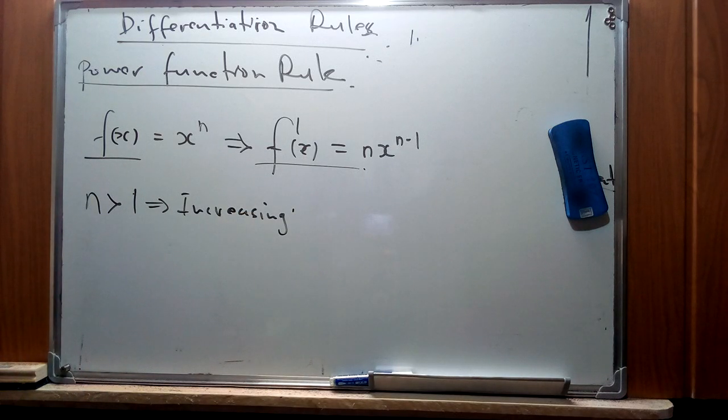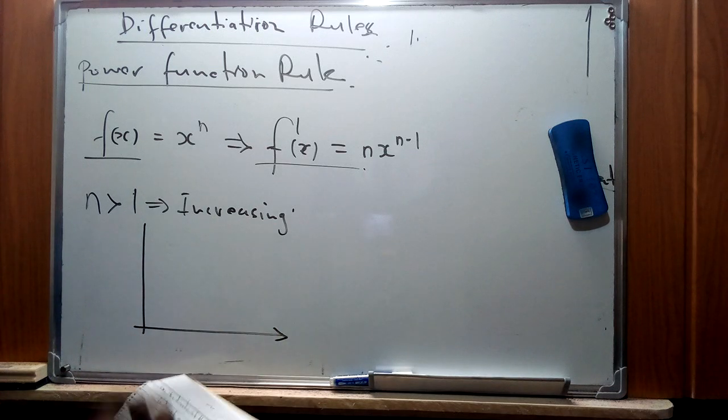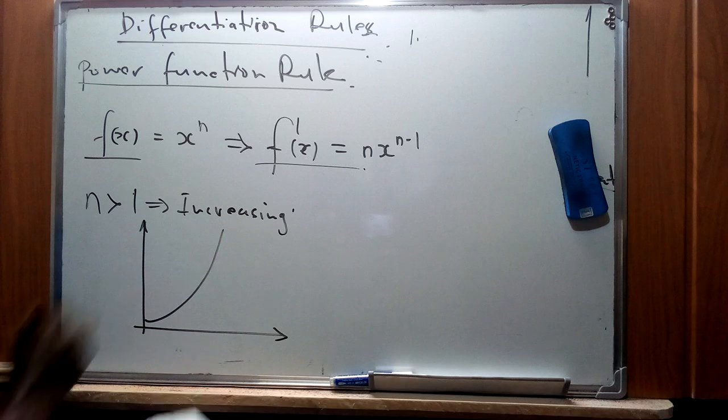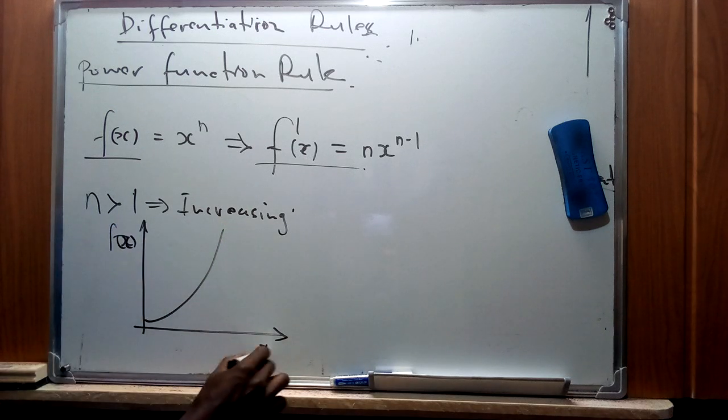Now in this case, if we have a graph of a function f(x), raised to the power of n, where n is greater than 1, we're going to have an exponential graph, which we can represent as just like that, where this is f of x, y-axis against x.